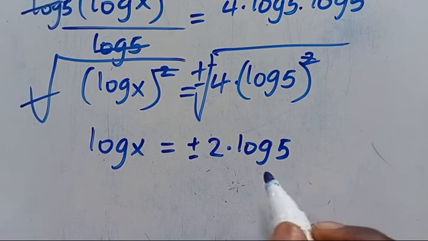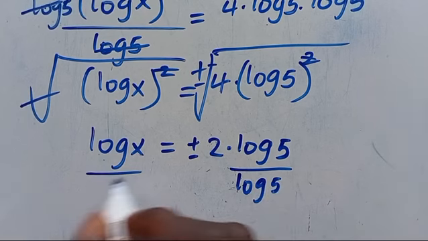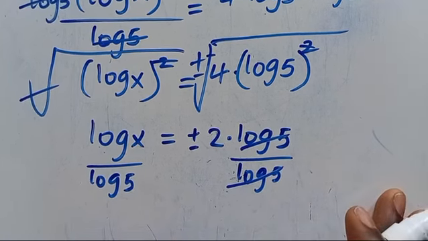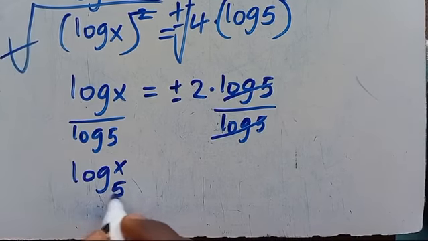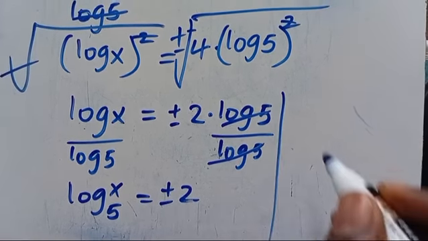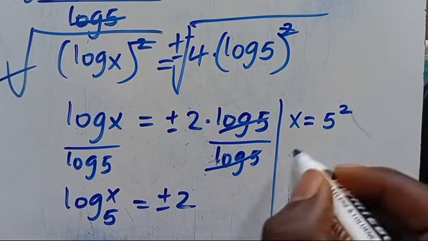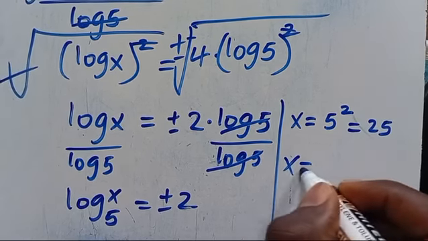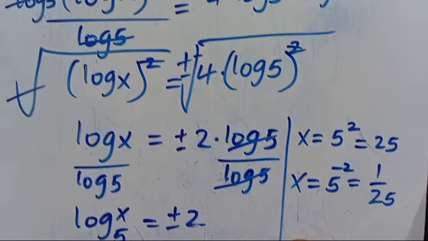So from here, when we divide by log 5, this will cancel out this. We have this as log x in base 5 equals positive or negative 2. So from here as well, x will be equals 5 to the power of 2, which equals 25. Also, x will be equals 5 to the power of minus 2 equals 1 divided by 25.